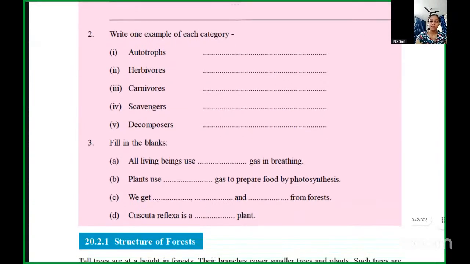Now, fill in the blanks. All living beings use dash gas in breathing. Oxygen gas. Yes, correct. Next one: plants use dash gas to prepare food by photosynthesis.